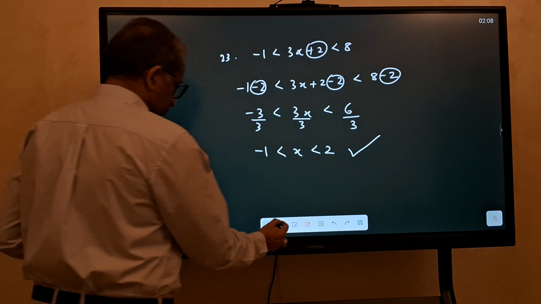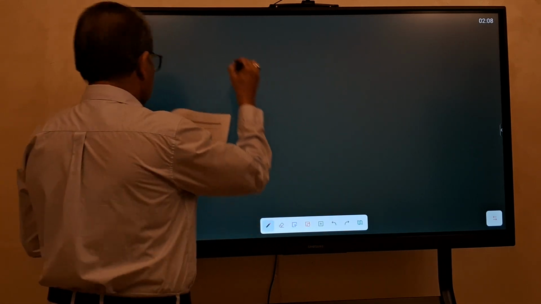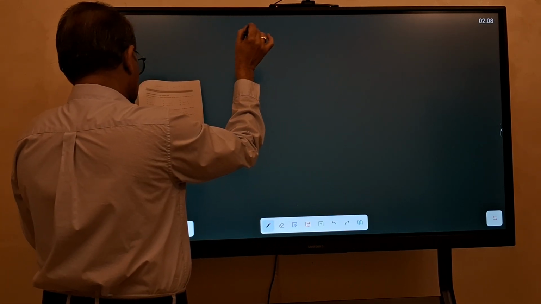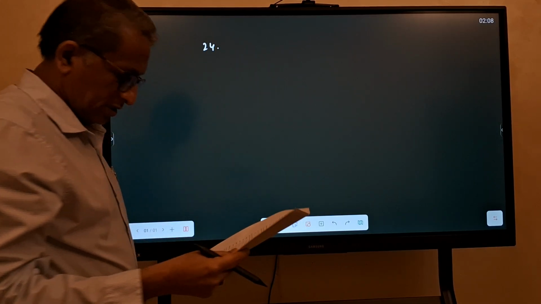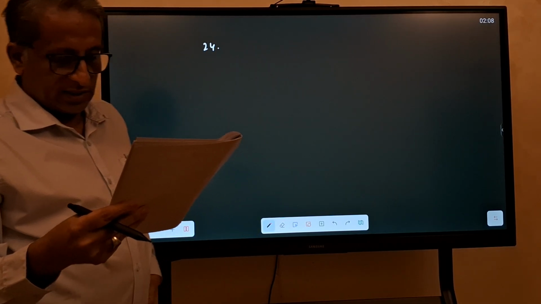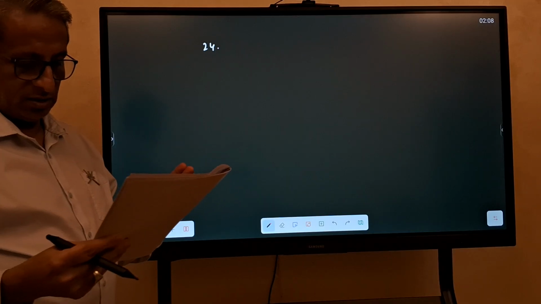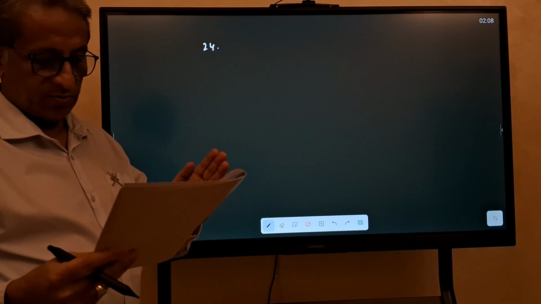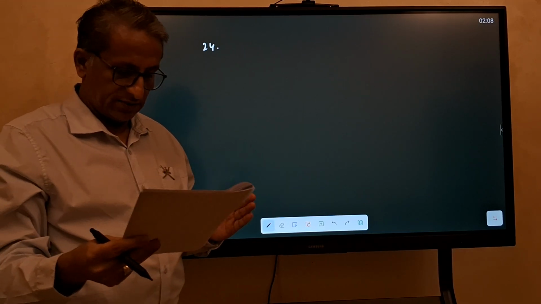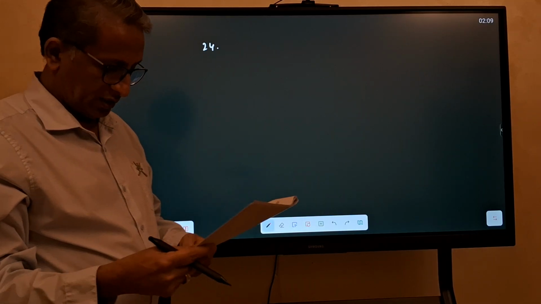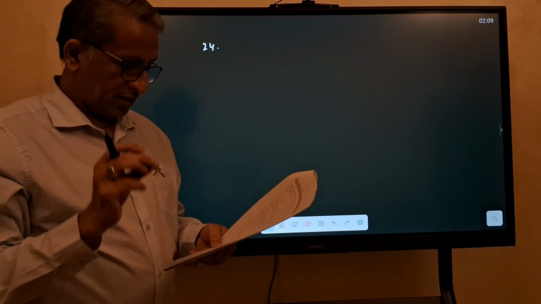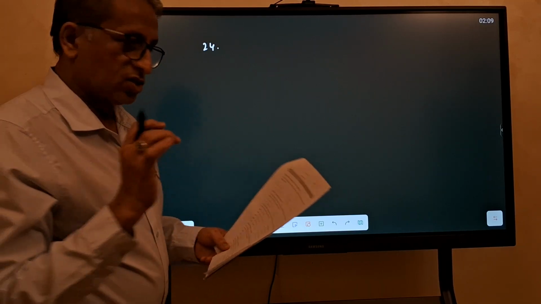Coming to the next set of questions, that is 24 to 27, let me solve all. In these questions, that is 24 to 27, you need to write the statements which are given in words and sentences in the form of linear inequality. Let's see an example here. 3 more than h.